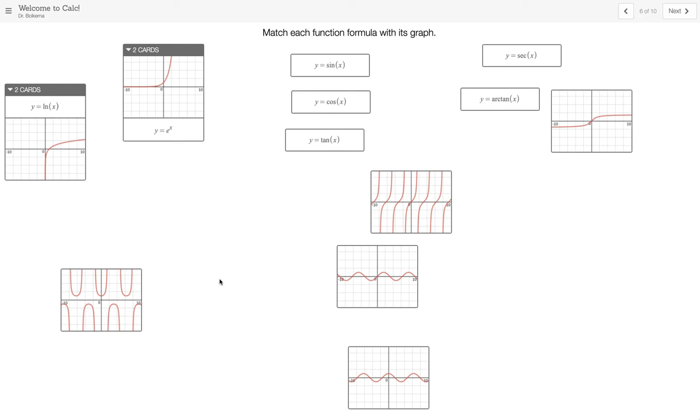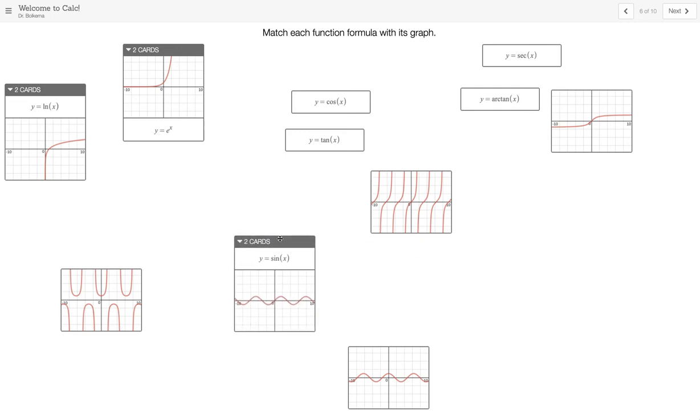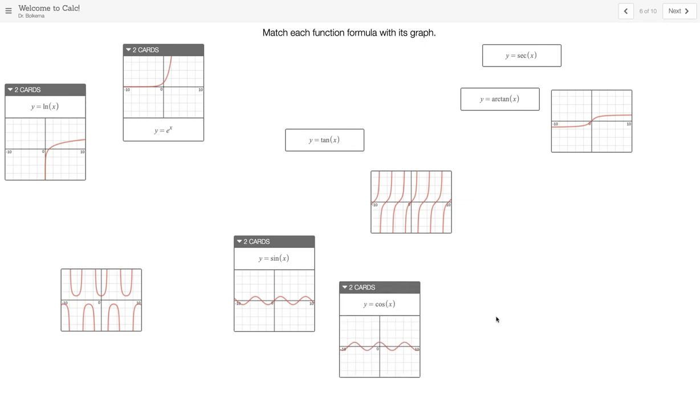That's our big difference. So let's ask ourselves, what is the sine of 0 and what is the cosine of 0? Picturing our unit circle, the sine of 0 is 0. All right, I'm going to label that one as sine, and the cosine of 0 is 1, and so I'll label that graph as the cosine.